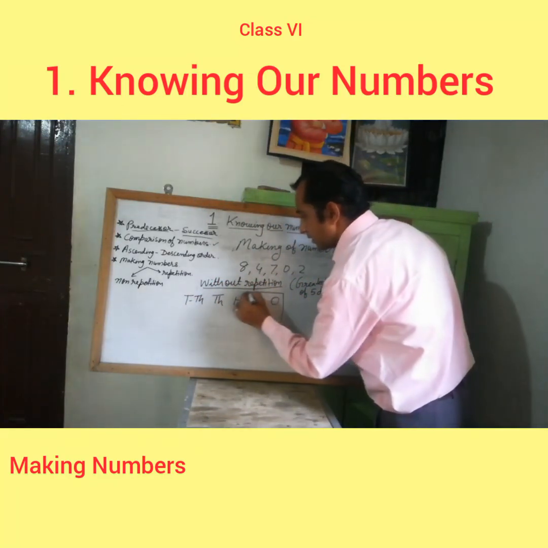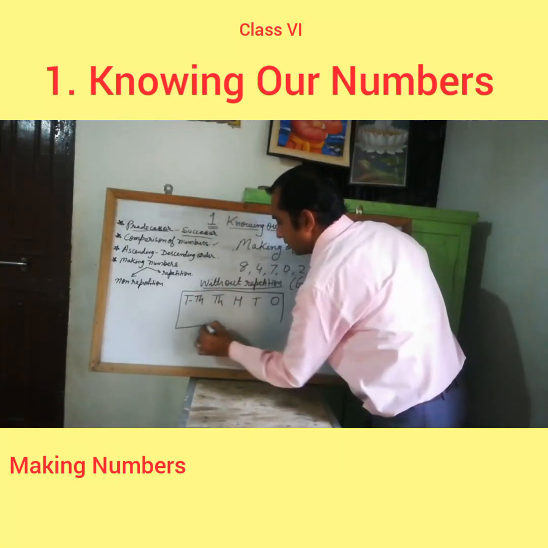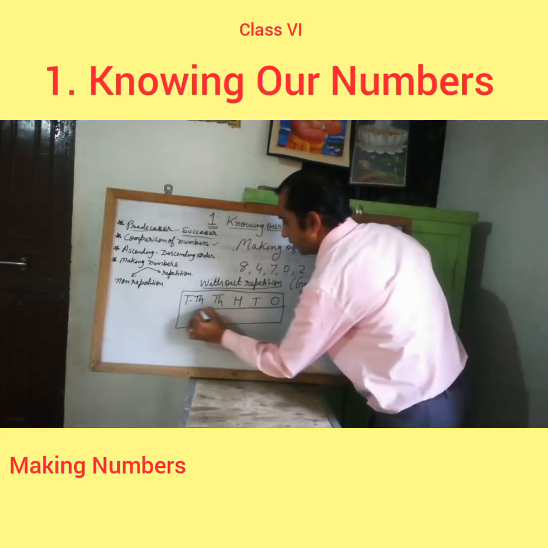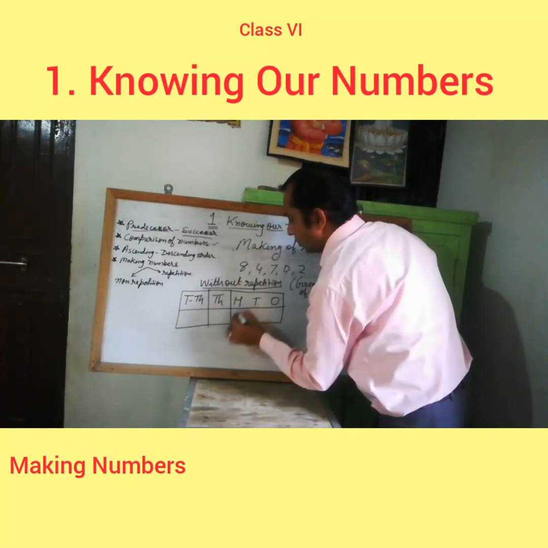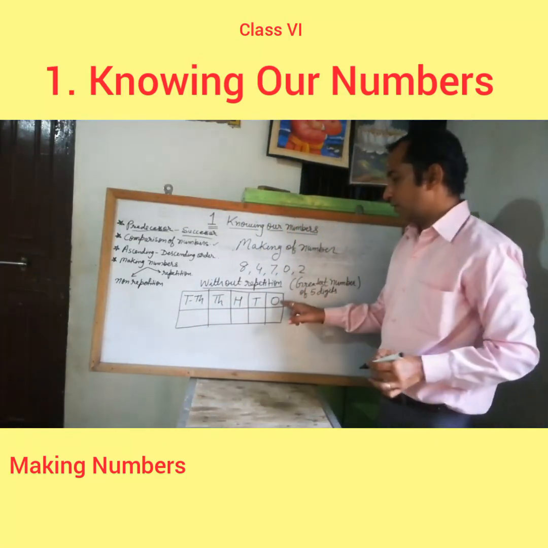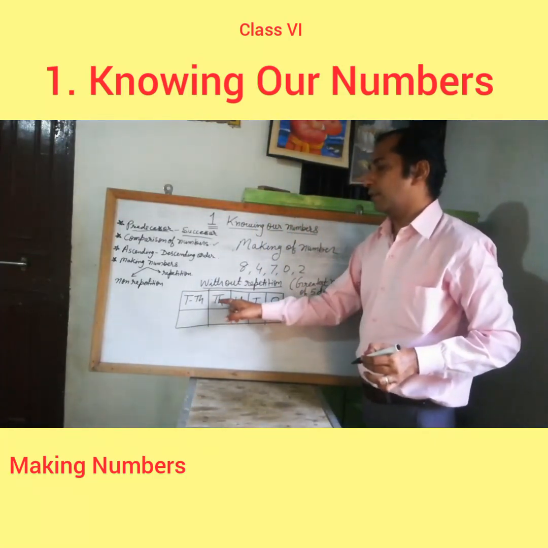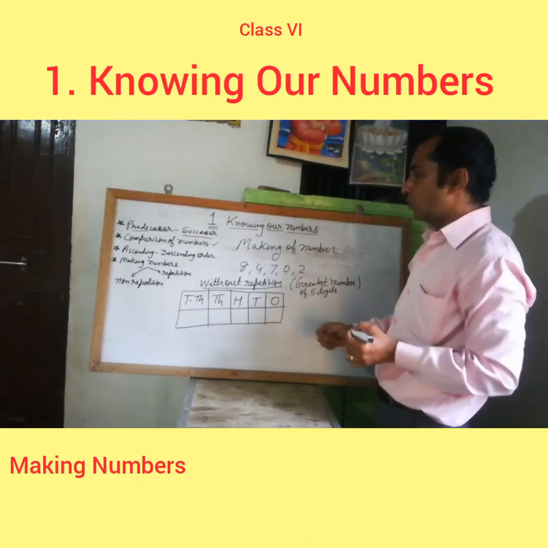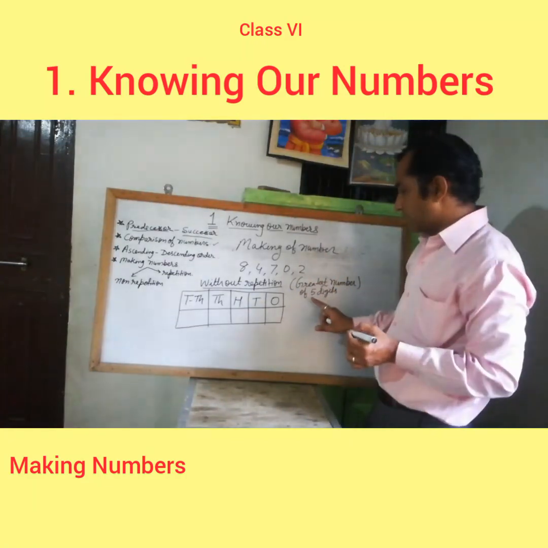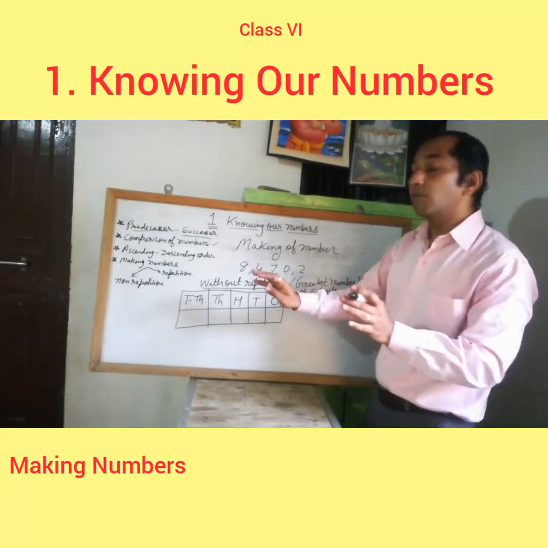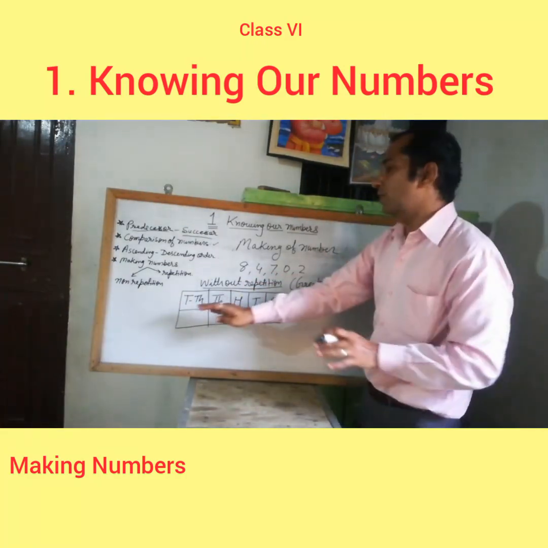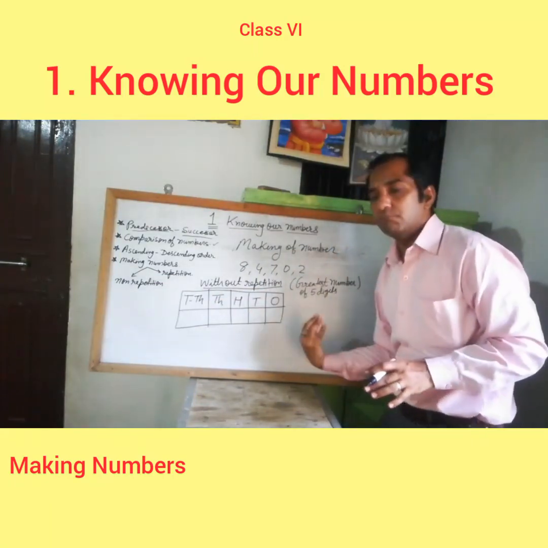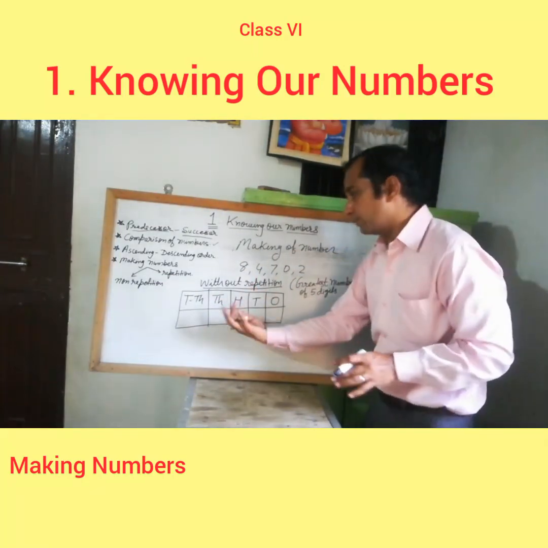In the previous class, you all learned that we said ones, tens, hundred, thousand, 10,000 and so on. So to write the greatest number without repetition, we start from the left and write to the right.